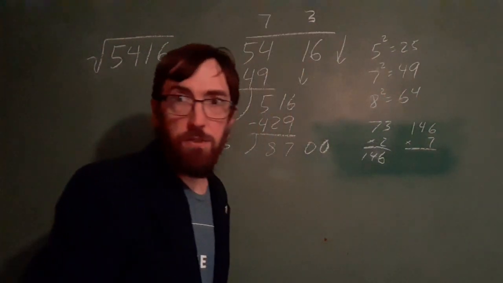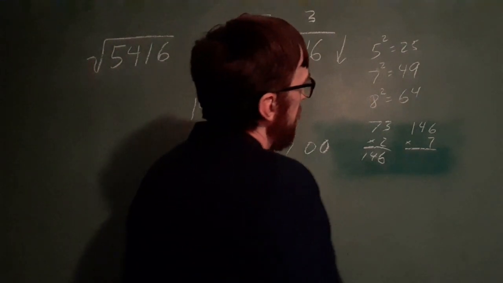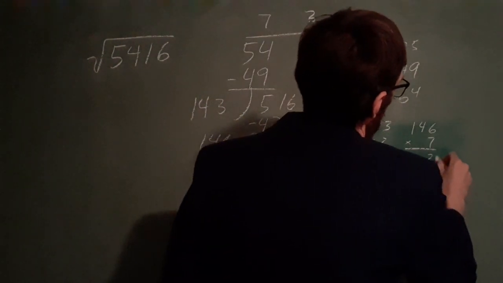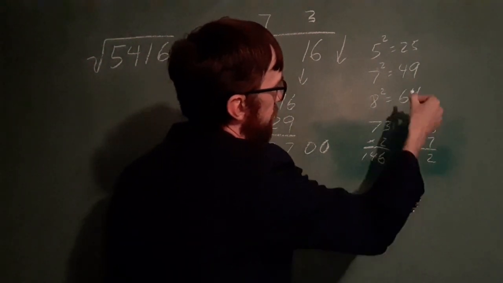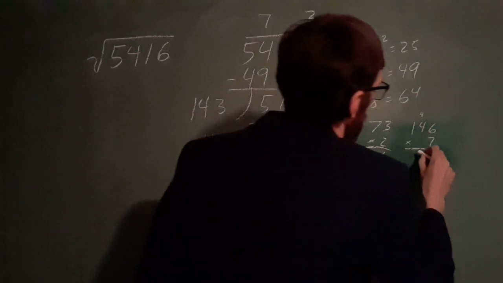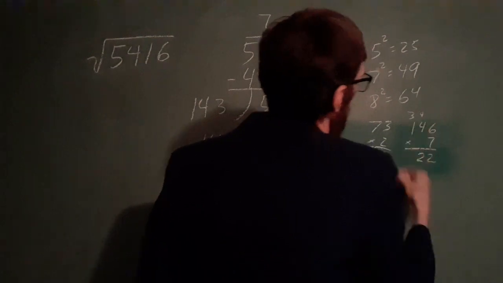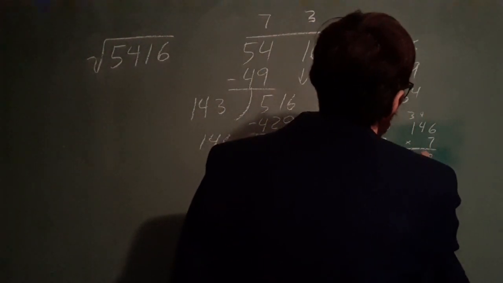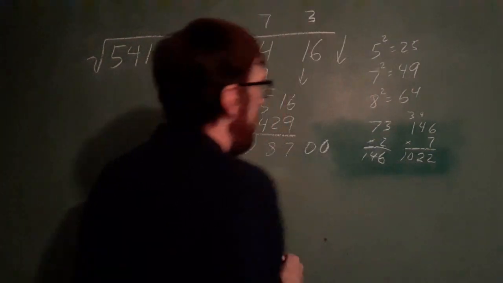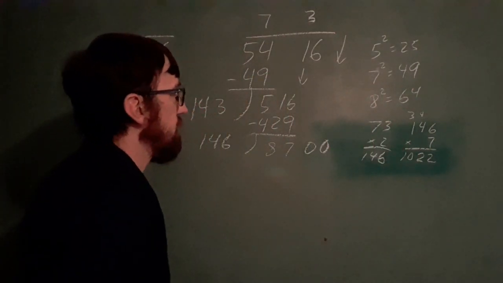I'm going to go ahead and try 7 first. 7 times 6 is 42. 7 times 4 is 28, and we had to add 4 to that, so that's 32. 7 plus 3. So we see that's 1,022.